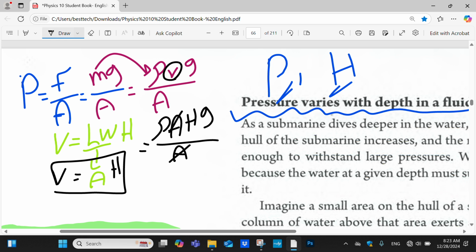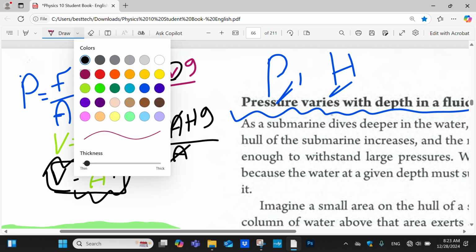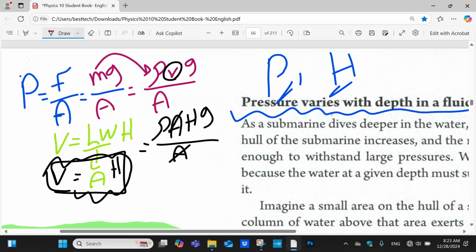That's why we converted the volume to A H, because here we can easily simplify and cancel both, since for both we have area. So the only terms left are density, H and g. So this is the rule.